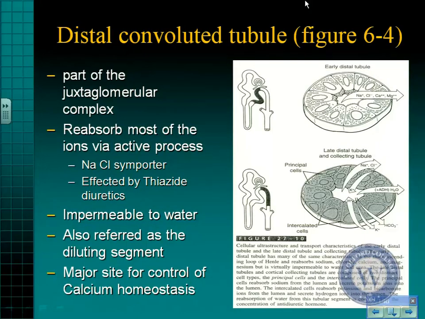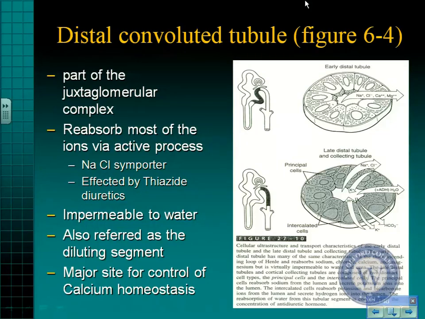When you get further along, you get into the next portion. What you should do, or we should try to do to help yourself learn this material, is take a table and list: glomerulus, proximal tubule, descending loop of Henle, ascending thin loop of Henle, ascending thick loop of Henle, distal convoluted duct, and cortical collecting ducts.